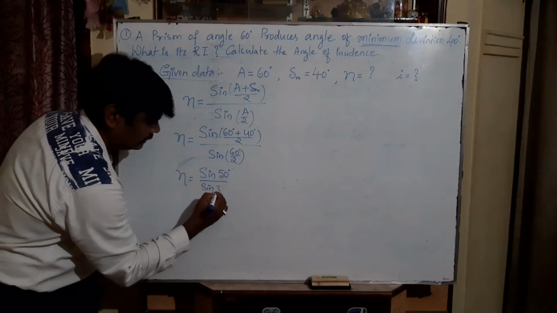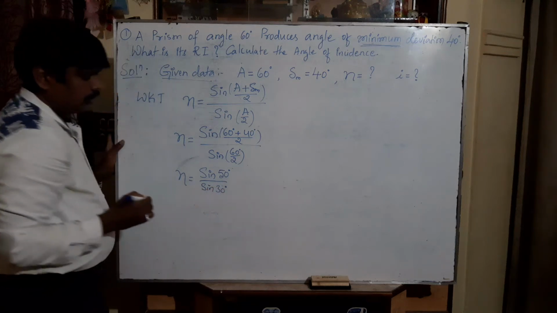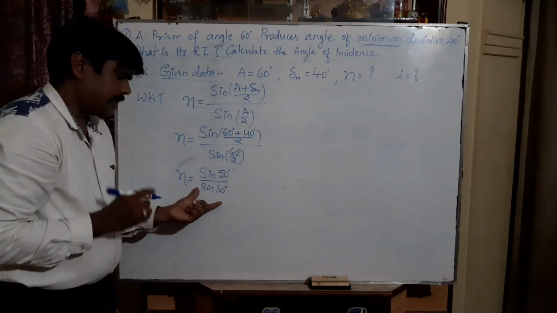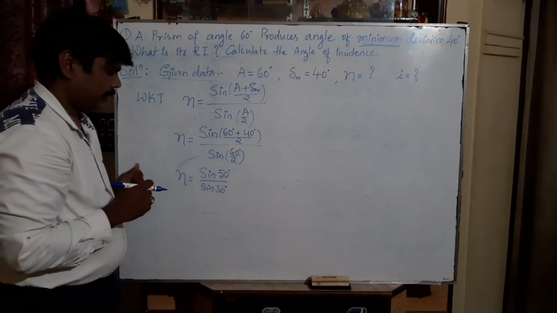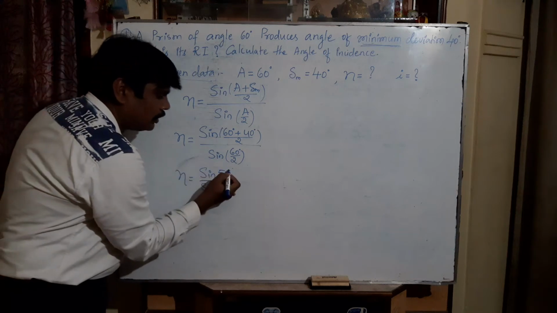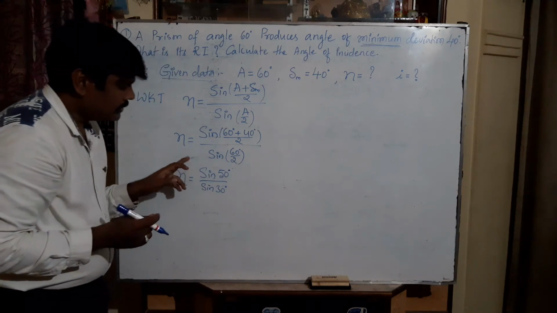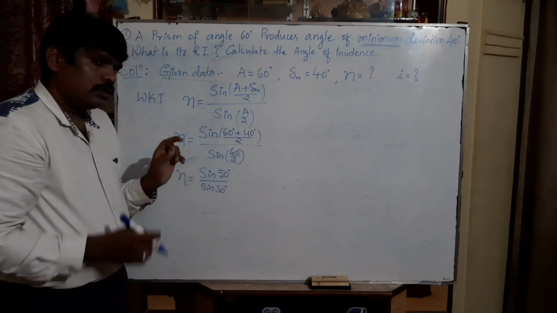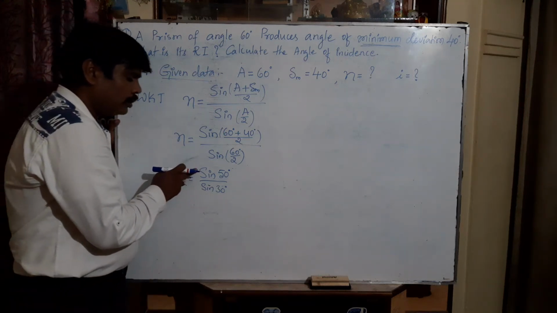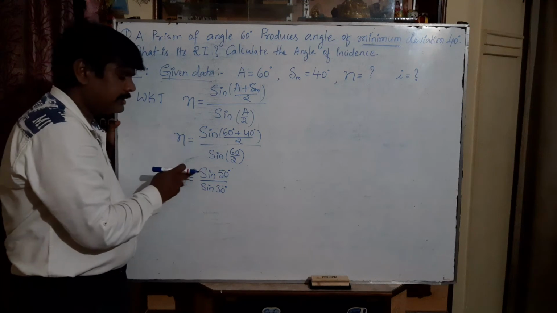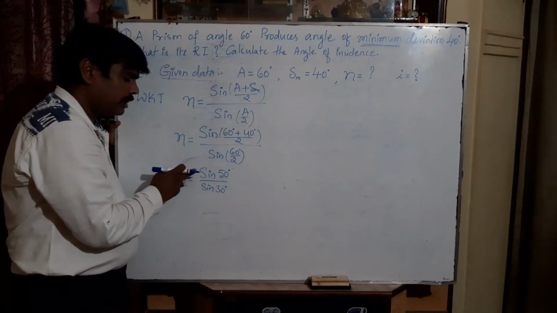It is 30 degree. See, sine 30 is a standard value. The sine 30 value is 0.5. But sine 50 is not a standard value. To get this sine 50 value, you have to use a log table. There in the log table, you have to go for the trigonometric function, the logarithmic sine value.